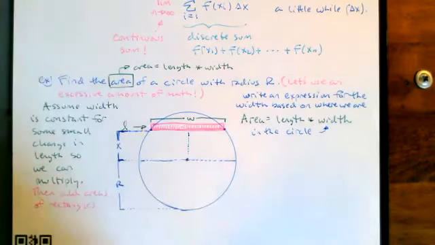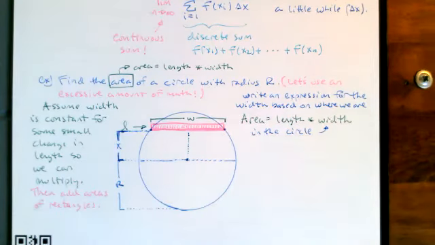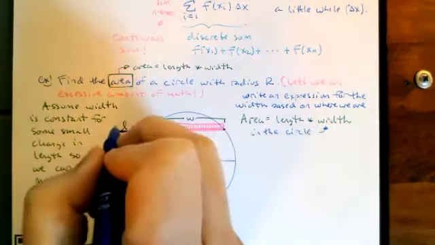So let X be the distance from the center of the circle to the strip. L is going to be some small change in that variable. So now I can call L delta X.